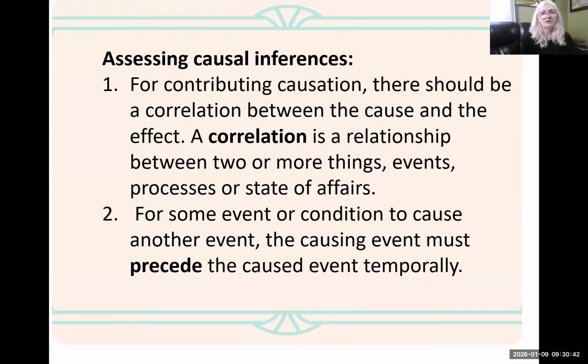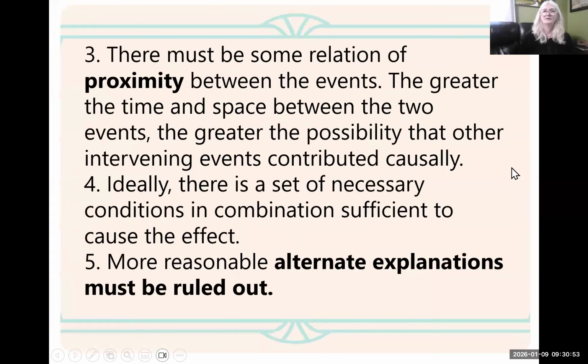For some event or condition to cause another event, the causing event must precede the caused event temporally. There must be some relation of proximity between the events. Okay, proximity meaning, again, closeness in time and space. The greater the time and space between the 2 events, the greater the possibility that other intervening events contributed causally.